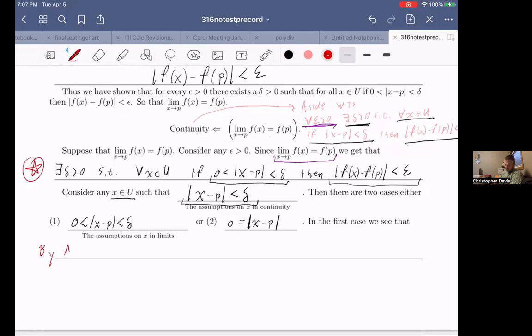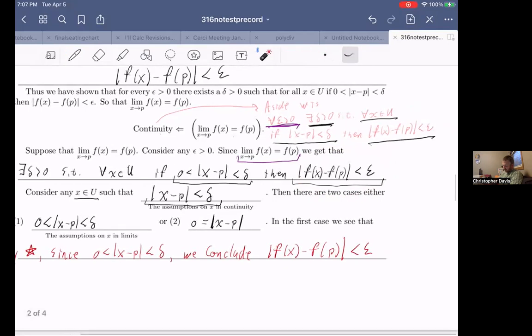By star, since 0 is less than the absolute value of x minus p is less than delta, we conclude this. Which is exactly what we need.